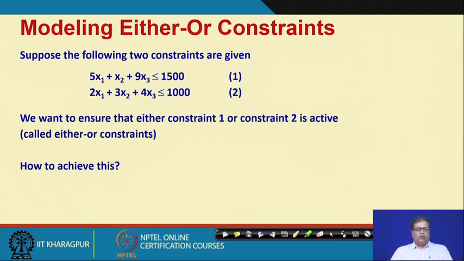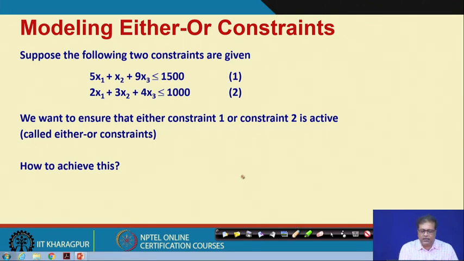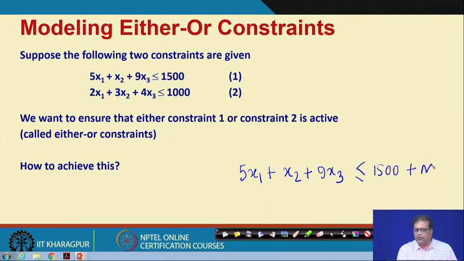Now, how do you ensure that a particular constraint is not required? You add some quantity which is very high. Suppose the first constraint, we write 5x1 + x2 + 9x3 ≤ 1500 + M. What is M?